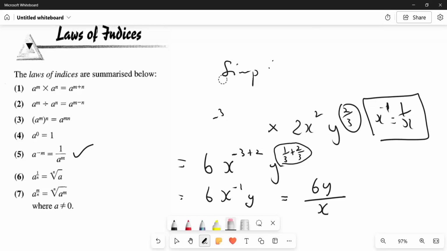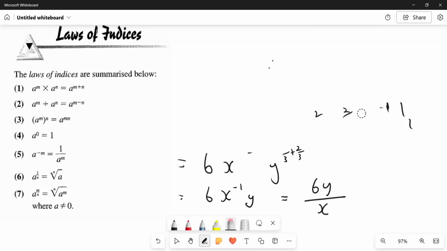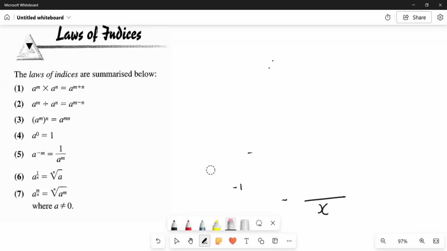Good. Let's simplify another one. Okay, let's use some actual numbers.